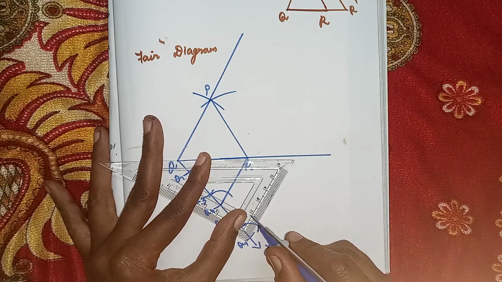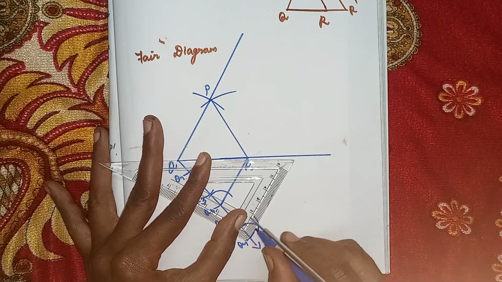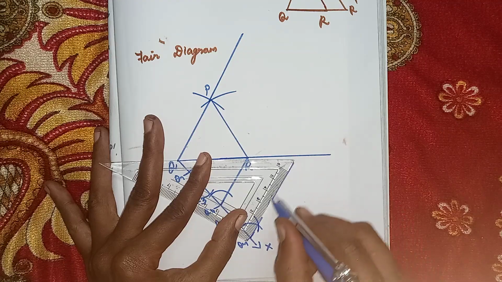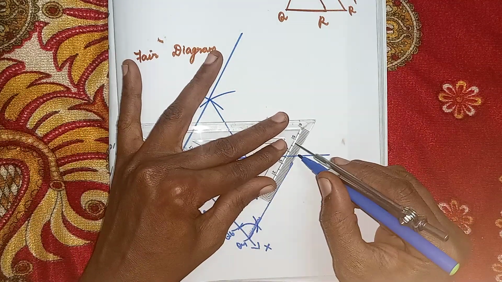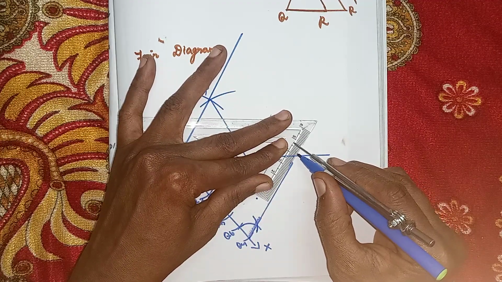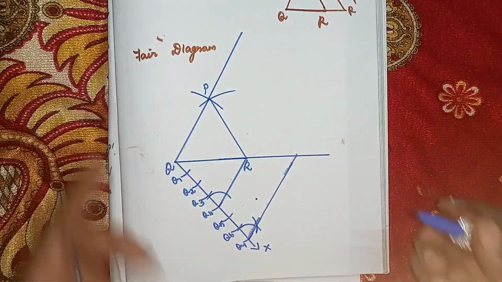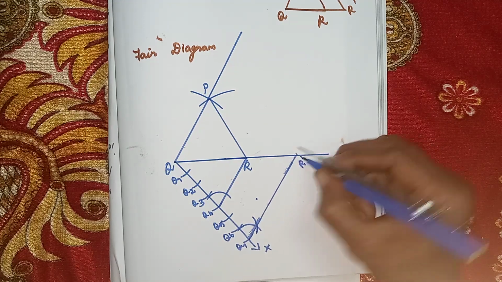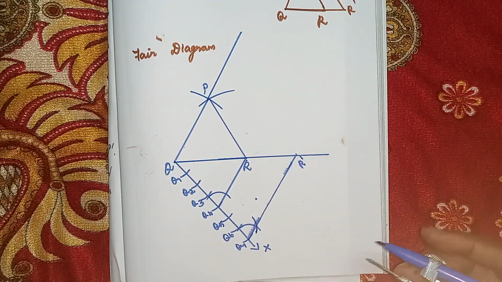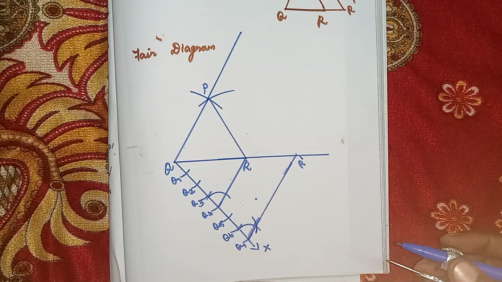It should meet here also. Through this you have to draw a line. It should touch this line. So you have to draw like this. This point you have to mention as R dash.